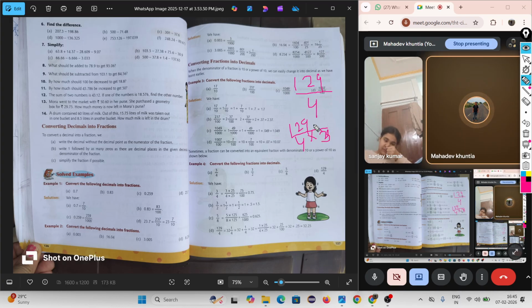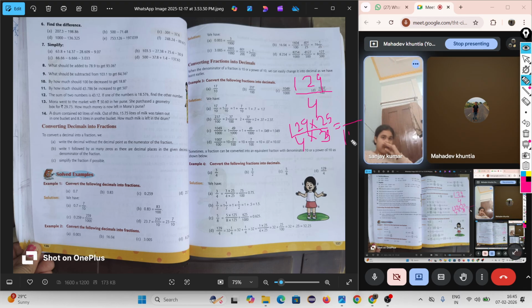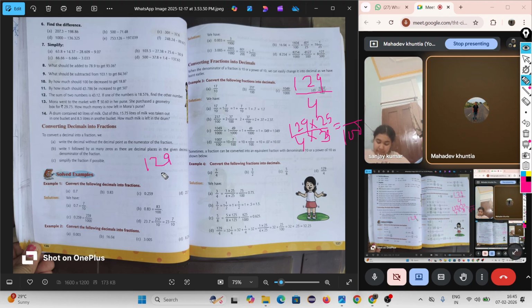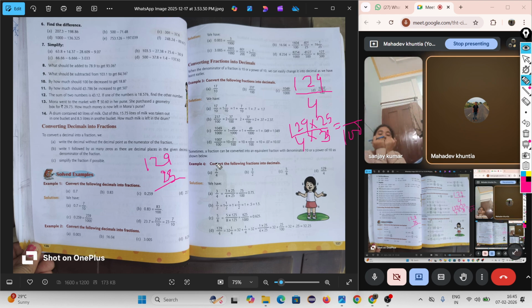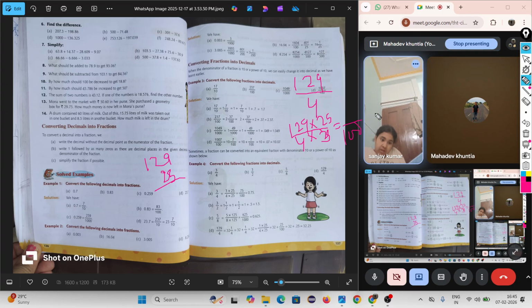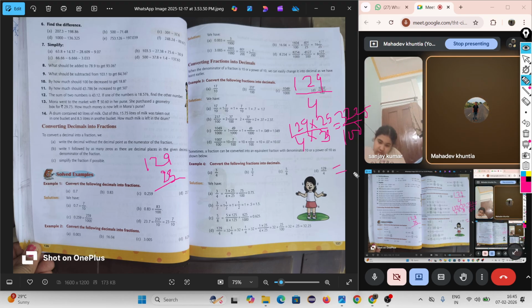Then the same number you should multiply with 129. 129 into 25, how much? 3225. Then convert it into decimal: 32.25.